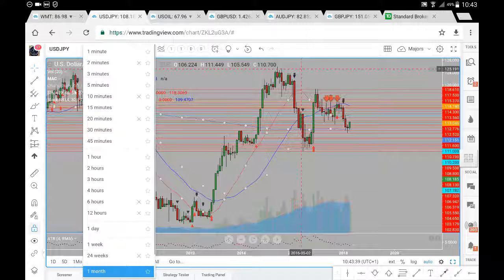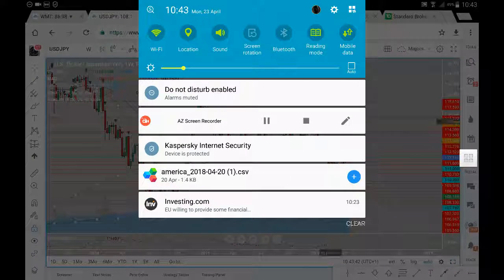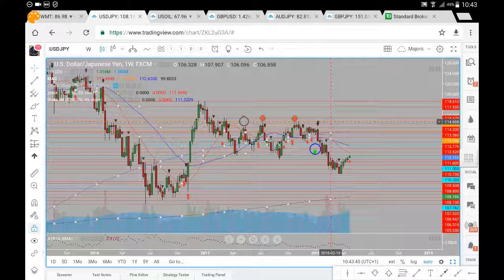Now, what we'll do is have a look at the weekly time frame. On the weekly time frame, we can see here, after establishing our lows in around the 104.65, we have seen that momentum follow through here to the upside on the US dollar Japanese yen.